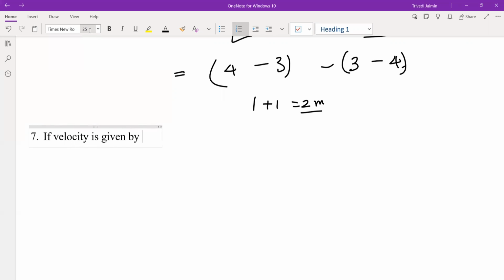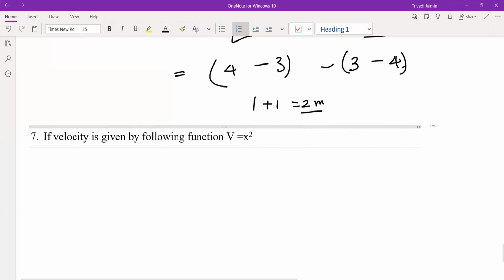Velocity is given by a function, that is v equals x squared. So this is a function f of x.